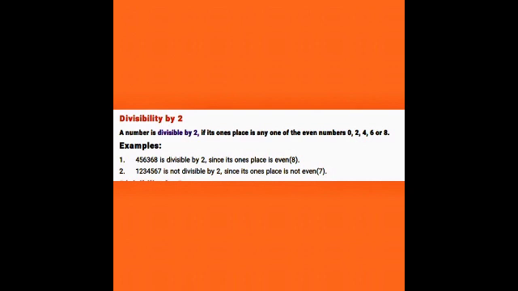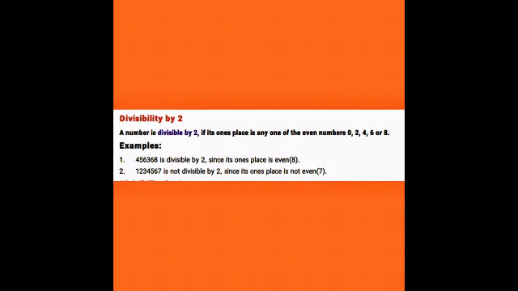Why? Because in its ones place there is no even number; that is 7, which is not an even number. So the numbers which end with 0, 2, 4, 6, 8 are divisible by 2.